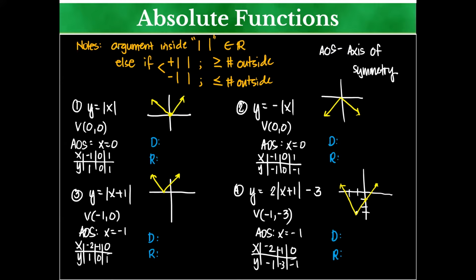Yes. Because look at this, the variable inside the absolute value is x. No matter if it's x plus 1, x minus 20, x minus 1 million, there is an x. It's x such that x is any real number. No problem. All of those.